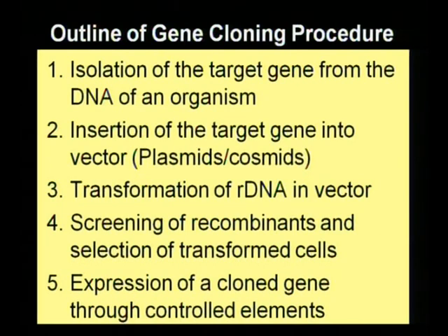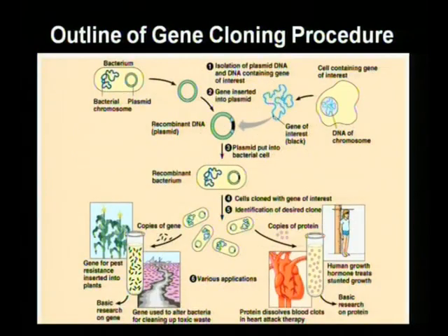The second step is the insertion of the targeted gene into the vector. A vector can be a plasmid or it can be a cosmid. The third stage is the transformation of recombinant DNA in the vector. The fourth stage is the screening of recombinants and selection of transformed cells. Finally, expression of the cloned gene through controlled elements is very important.